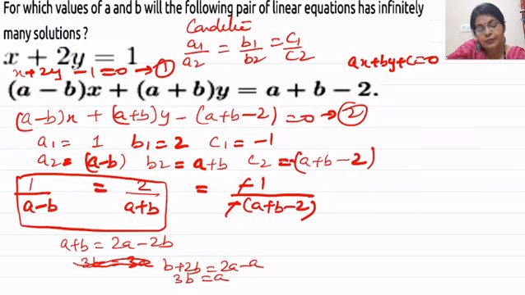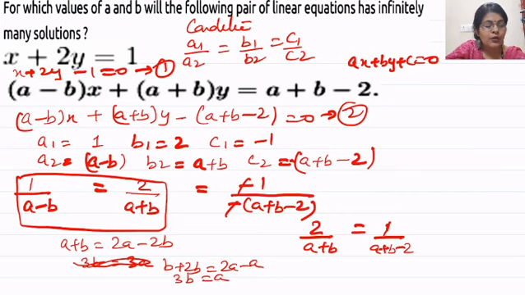Now we will just simply solve this other equation, 2 upon a plus b is equal to 1 upon a plus b minus 2. We can put the value over here and get the result, or we can solve it directly.